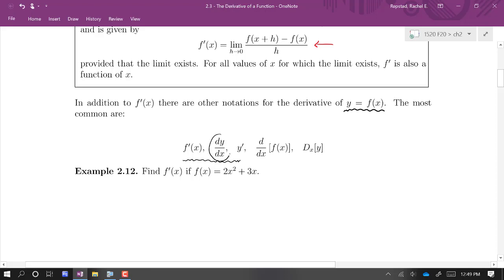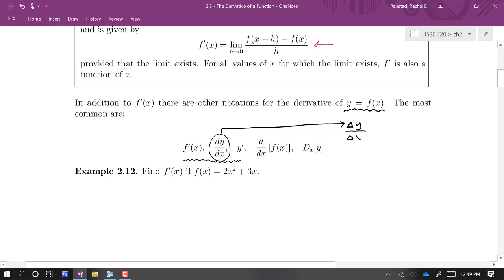Now this notation here comes from how we encountered the derivative the very first time we looked at it. The motivating question for finding the derivative was finding a slope of a tangent line. And the slope of a line is a change in y over change in x. So it comes from this notation, delta y over delta x.